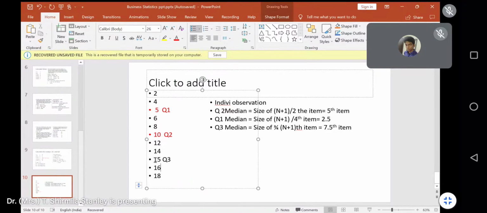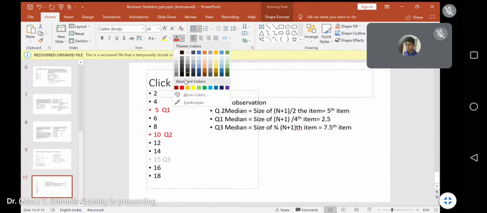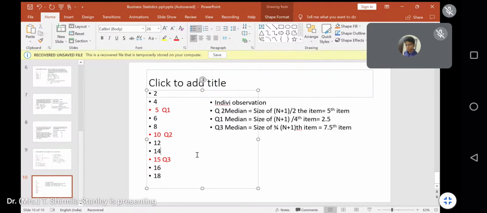Okay. So now are you able to get the picture? Q1: 25% of the items are less than that, whereas 75% of the items are more than Q1. So when you say 5, we are talking about 1/4 of your entire series. 1/4 of items only is represented in Q1.